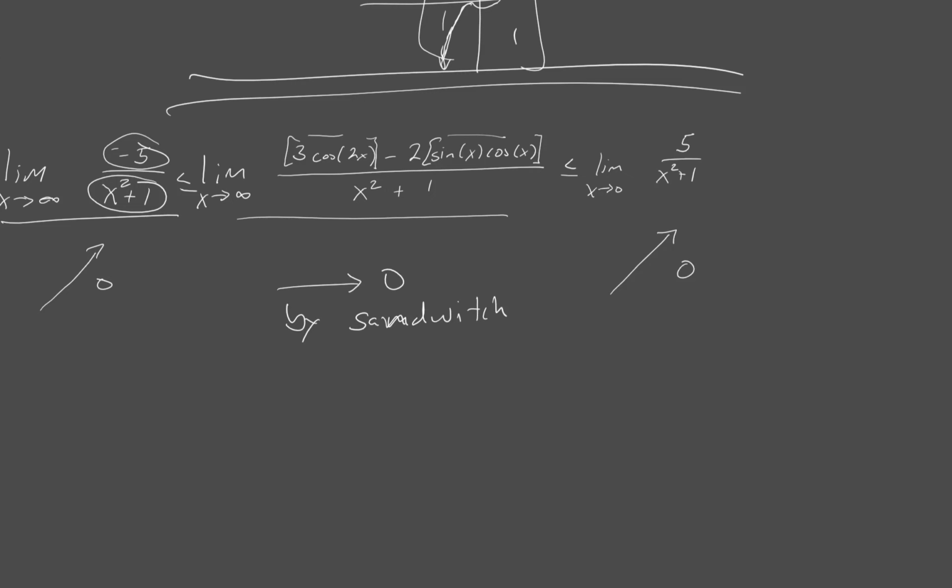And you should probably learn how to spell sandwich, huh? There we go. Sandwich theorem. Okay, so that's going to go to 0 because we can bound the numerator, we can bound the denominator, and go from there.